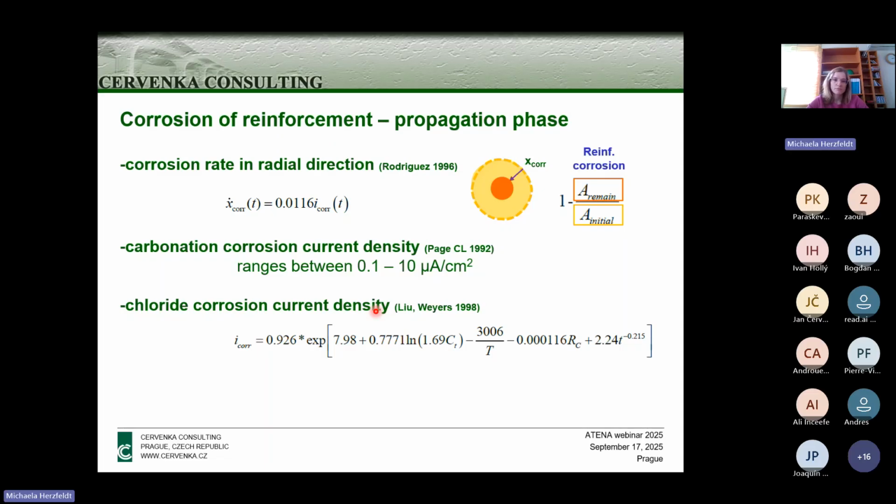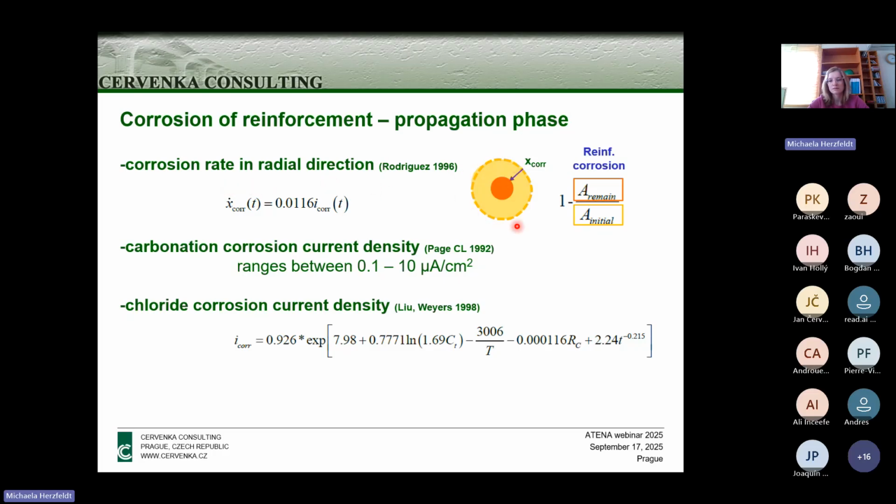So when we have either carbonation or chloride that are penetrating the concrete, they can reach the reinforcement and trigger corrosion, which is when we are getting to the propagation phase. And this corrosion in ATENA is basically the corrosion rate in radial direction. It's shown here.